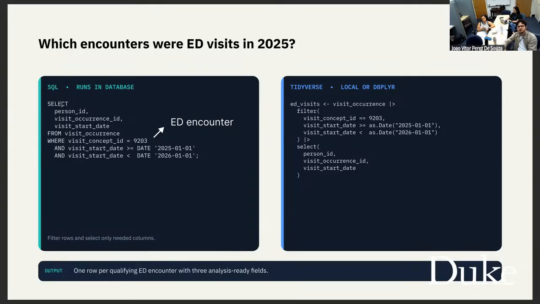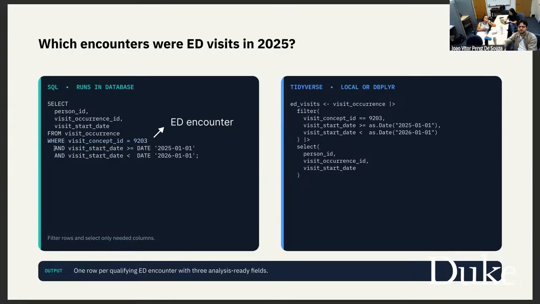So in SQL, you would start by selecting the variables that you want. So I only want these 3 variables from the data table that talks about the visits. I'm going to filter where the type of visit is 9203, because that's how they code ED encounters.